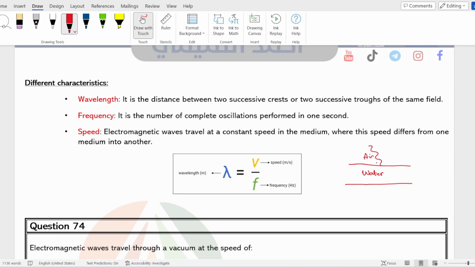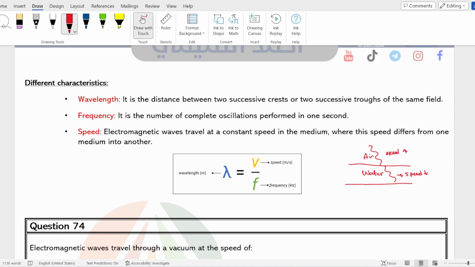And we should know that it's the fastest in vacuum, then air. فبالتالي, as we go to water, the speed of the electromagnetic waves will go down. فبالتالي, as they move here, they will have a different speed. But the frequency will remain the same. So here their speed would go down, and the speed of the electromagnetic waves in air would be greater than it is in water.